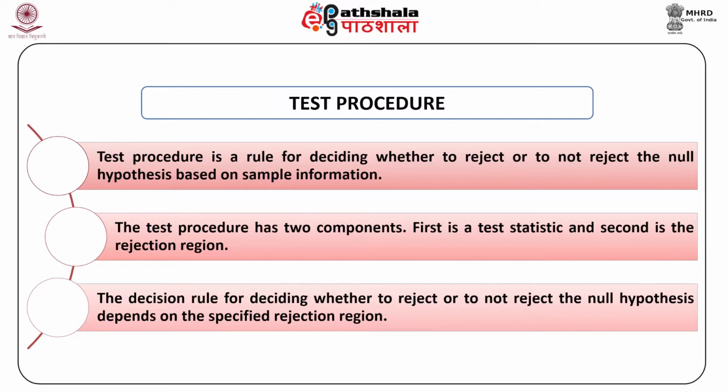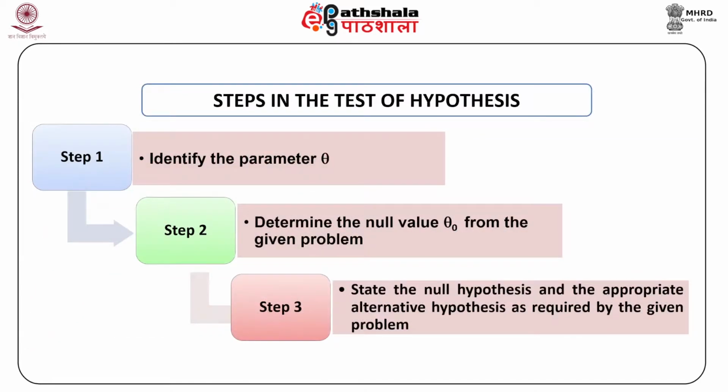Second is the rejection region, which consists of those values of the test statistic for which the null hypothesis is rejected in favor of the alternative hypothesis. The decision rule for deciding whether to reject or to not reject the null hypothesis depends on the specified rejection region. Let us understand the steps in the tests of hypothesis.